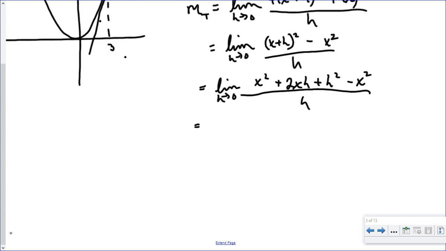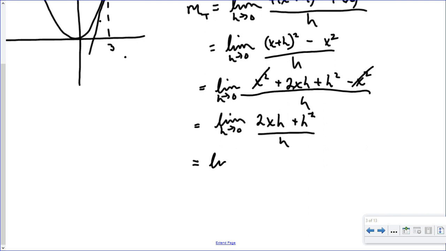Now I can simplify even further. This looks very familiar to what we were doing in the previous section. We had more numbers in there; we're just working in two variables here. My x squareds cancel each other out, so I'm going to have 2xh plus h squared. Now I factor.